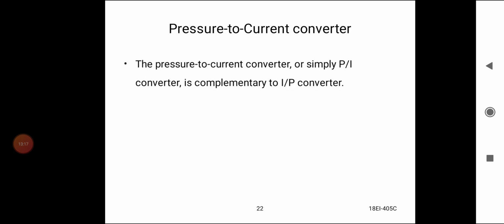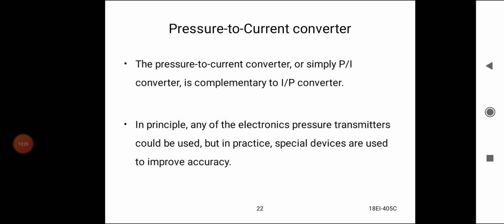The pressure to current converter, or simply P2I converter, is complementary to the I2P converter. In principle, any of the electronic pressure transmitters could be used, but in practice special devices are used to improve the accuracy.